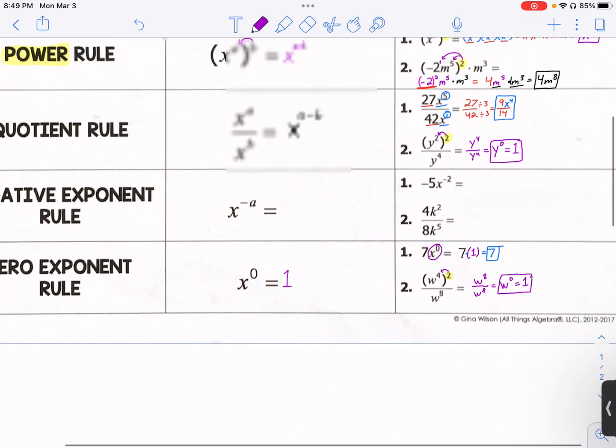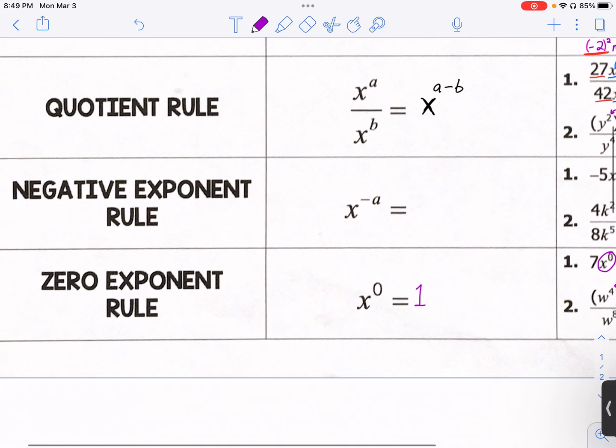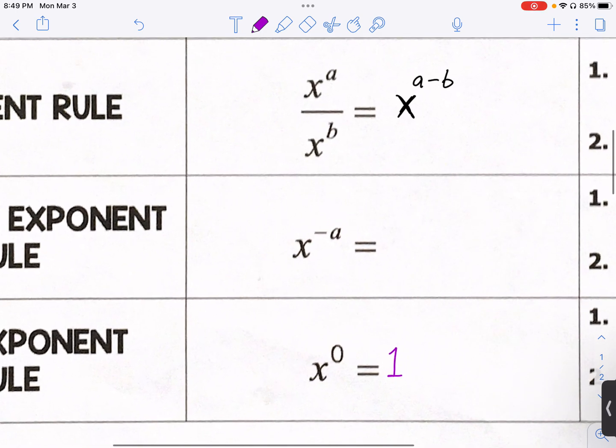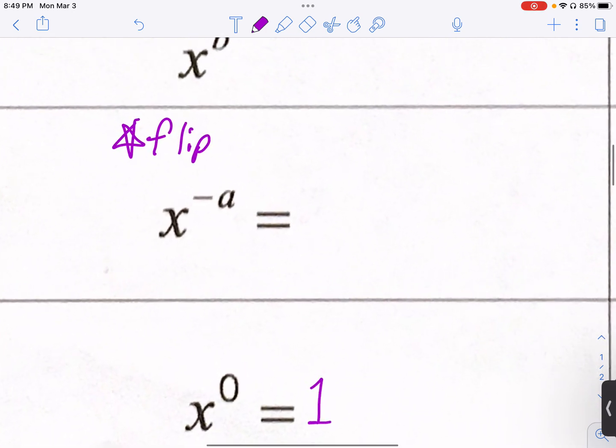All right, very last one. For this one, negative exponent rule. You can never leave your answers with a negative exponent. Just remember, a negative exponent on this one, that just means to flip it. So if I have this x to the negative 8th, what's going to happen is I'm going to flip this to the bottom.